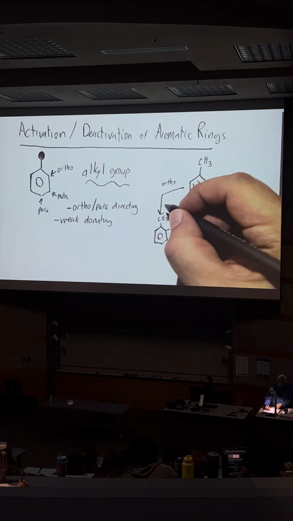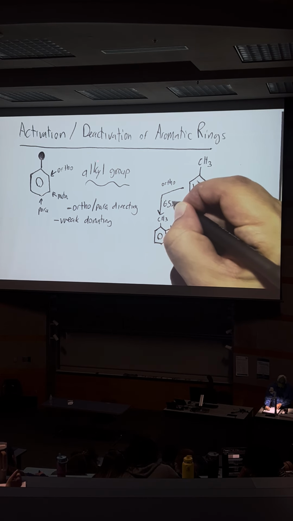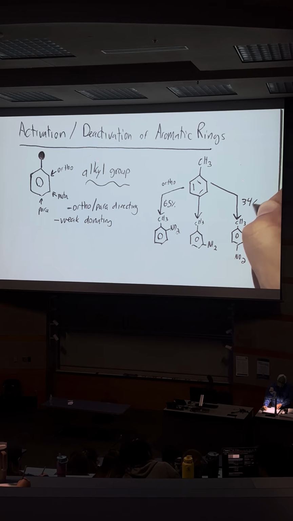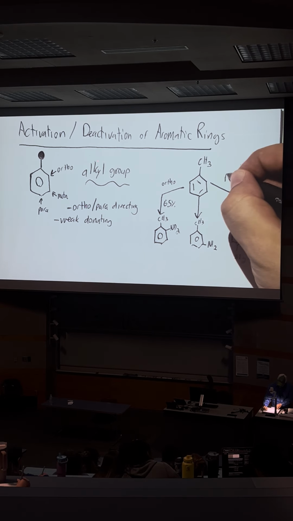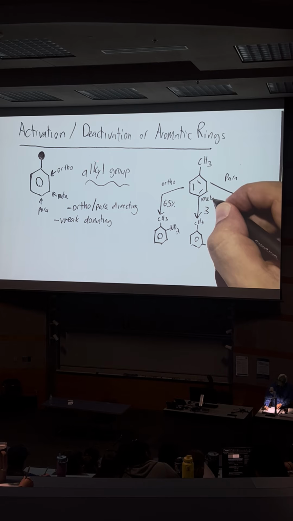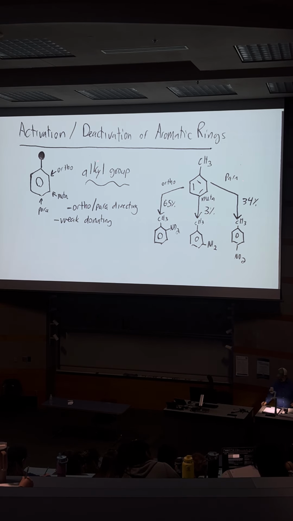And what you find is that you can anticipate 65% yield at the ortho position, 34% yield at the para position, and about 3% at the meta position. Does that even add up to 100?